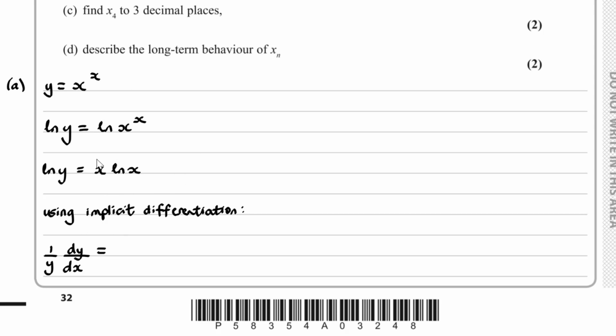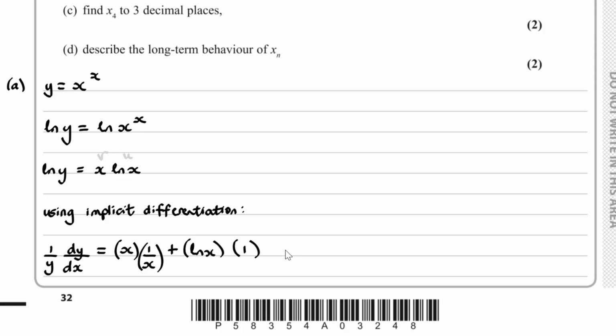If we call this v and this u, we have v times by u dash, so we have v, which is x, times by u dash, that would be 1 over x, and then we add on u, which is the natural log of x, times by v dash, that would be 1.